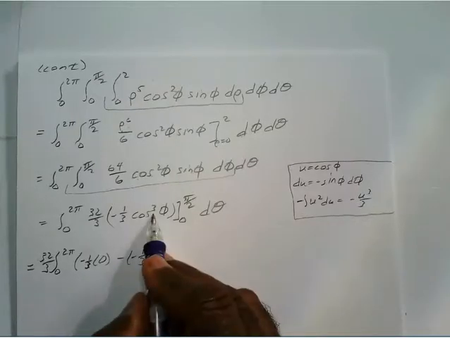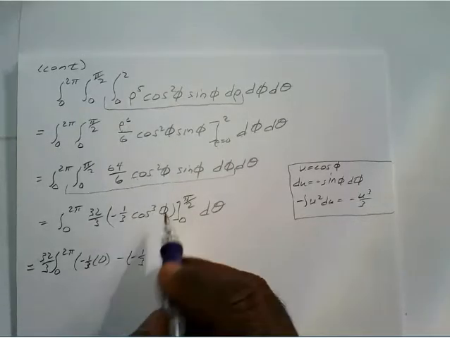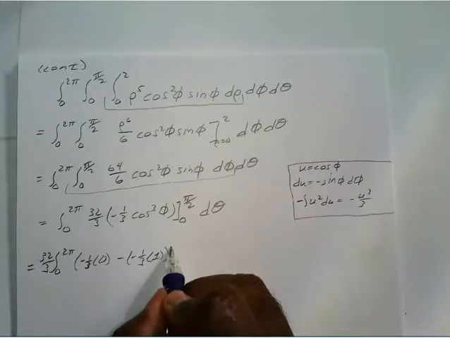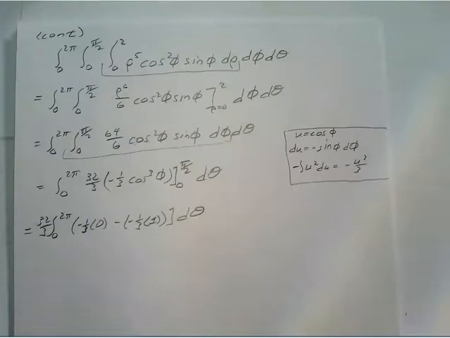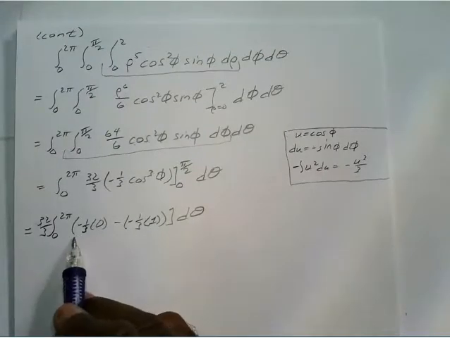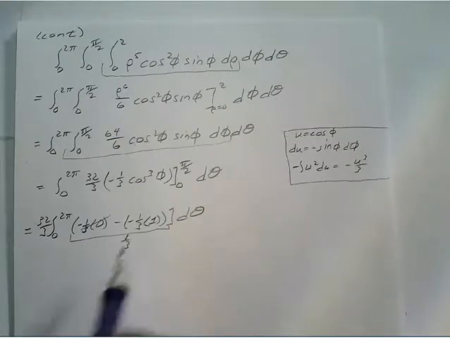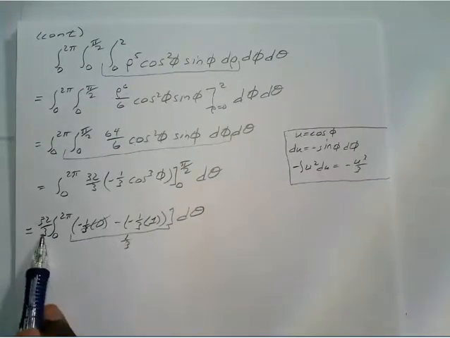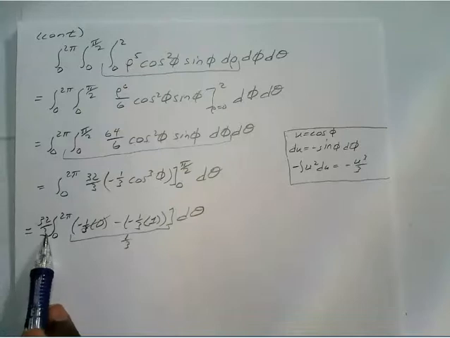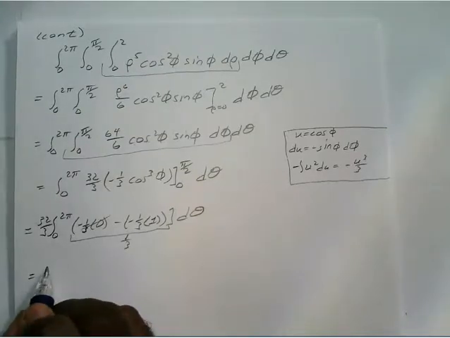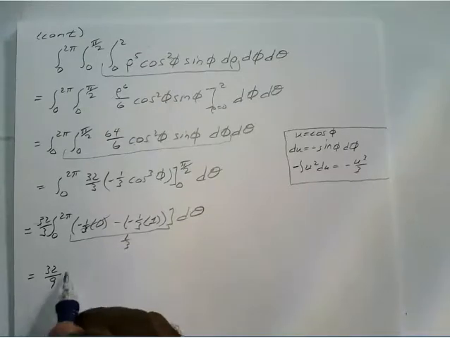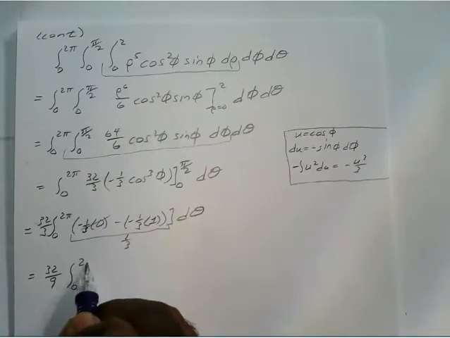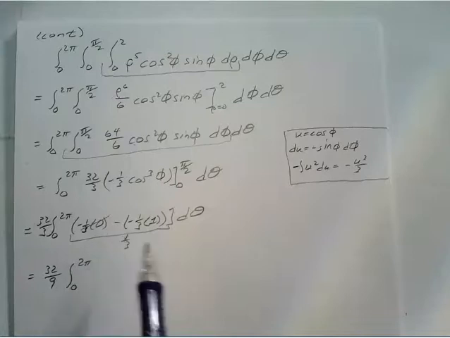Plug in 0, we get 1. So negative 1/3 times 1, with respect to theta. Okay, so this just ends up being 0 plus 1/3, which is 1/3. Okay, so that 1/3, we can just factor right on out. So 32 over 3 times 1/3 is 32 over 9. Where we still have to find the integral from 0 to 2 pi, really just of 1.